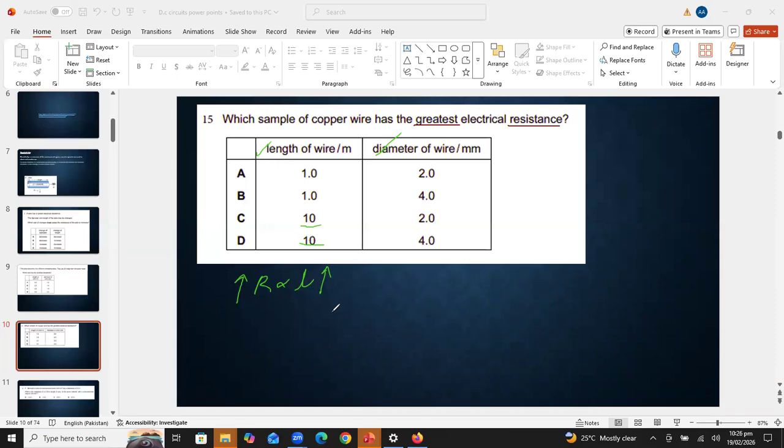Now they have given us the diameter of the wire. Okay, beta, let me check. Resistance and diameter square are inversely related with each other. So look, we have to find the greatest resistance, so the diameter should be smallest. Among 2 and 4, 2 is the smallest diameter.